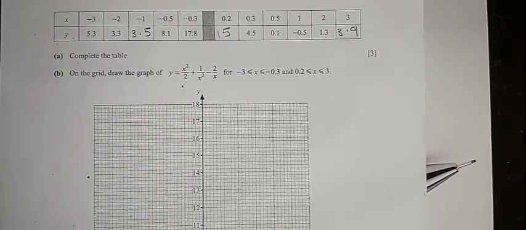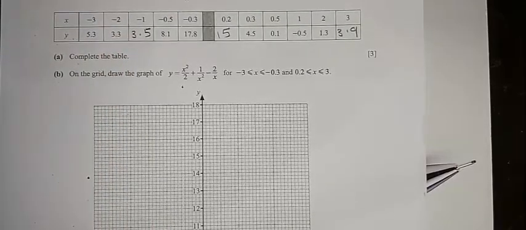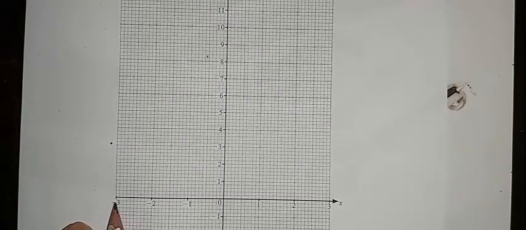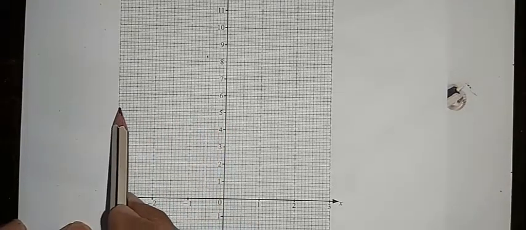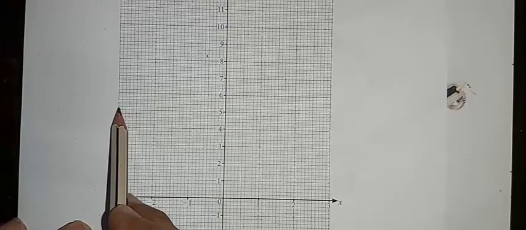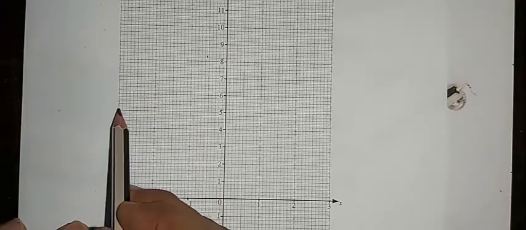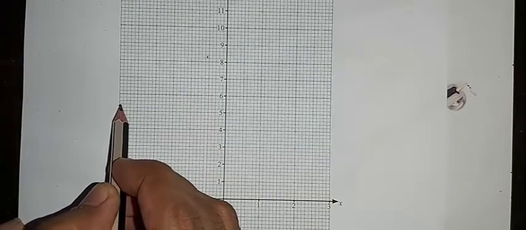We will plot the points minus 3 and 5.3. Minus 3 is here, this is negative 3, and y equals 5.3, this is 5. This small square equals 0.2, so we need 5.3 here, like that.